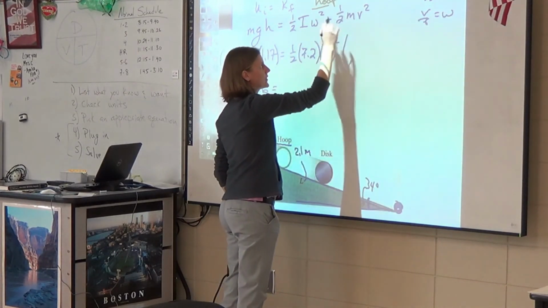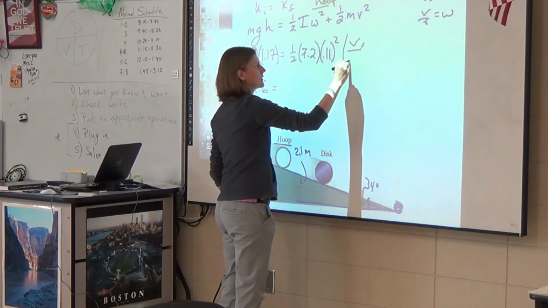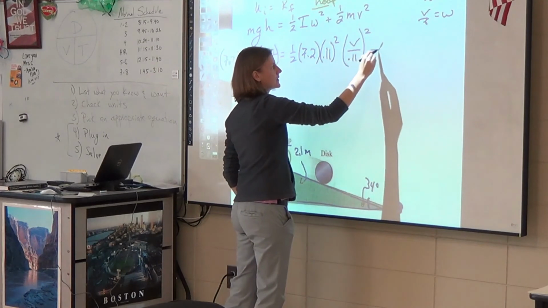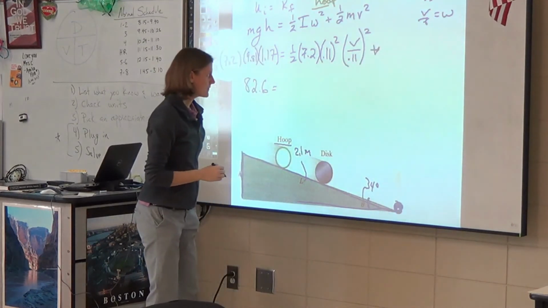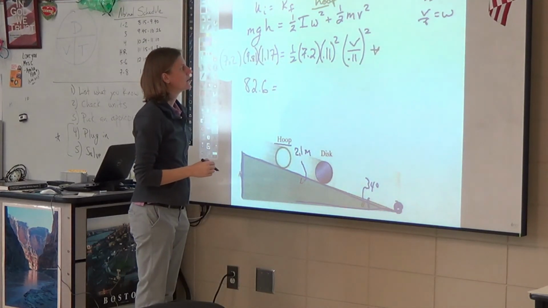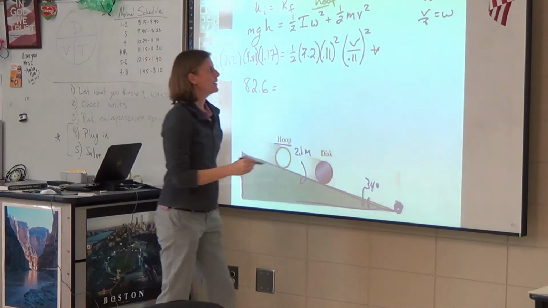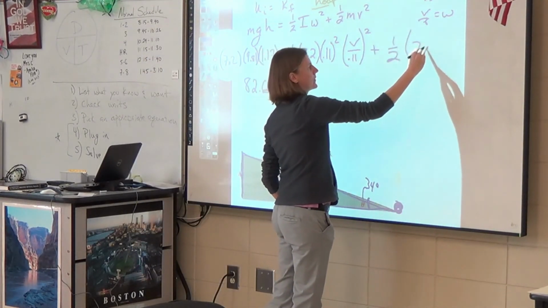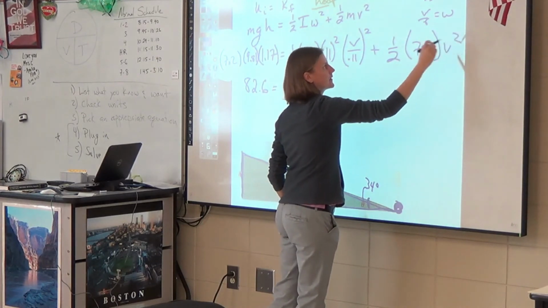So I will have two unknowns here, but that's okay. And that is all squared. Plus 1/2 times 7.2, and then just v squared.